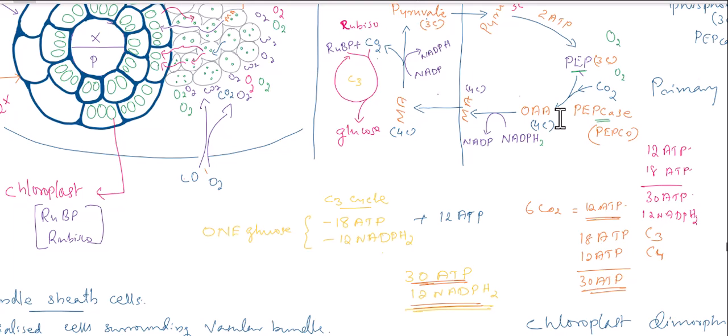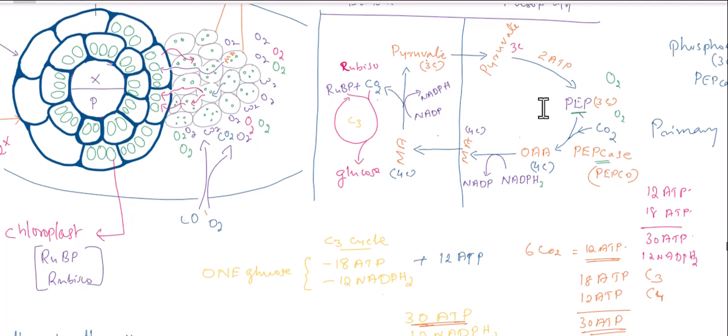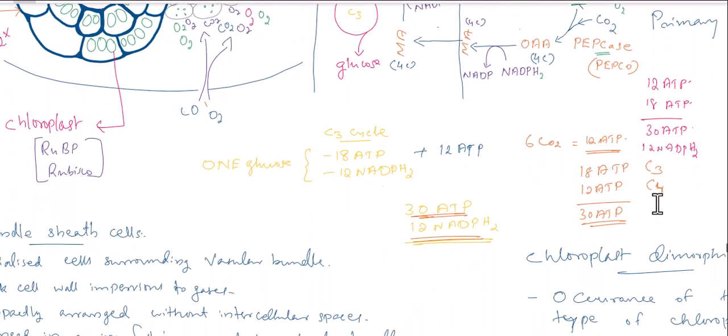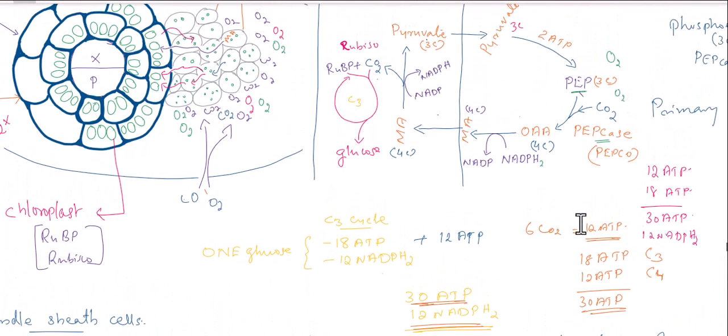So there is an additional expense of 12 ATP to produce 1 glucose molecule. 18 plus 12, so 12 is the additional requirement, 2 ATP for each carbon to enter the bundle sheath. So 30 ATP is needed, and there is no change in NADPH2. NADPH2 remains the same.